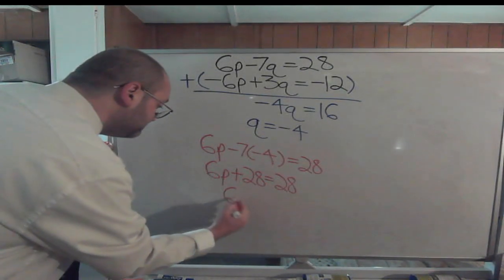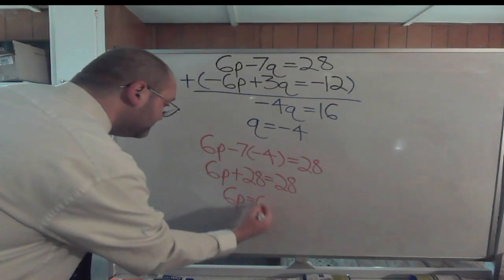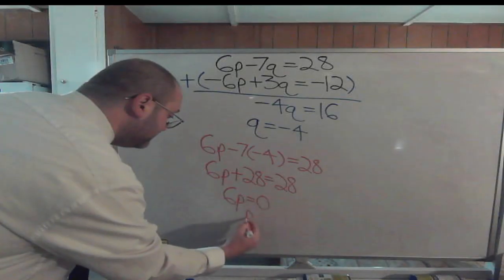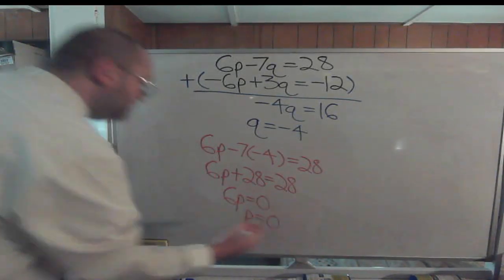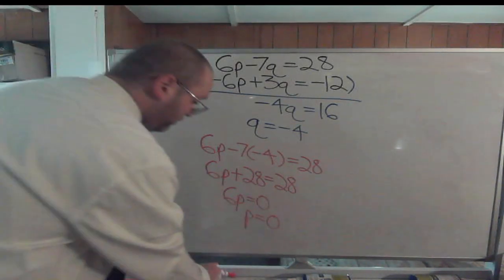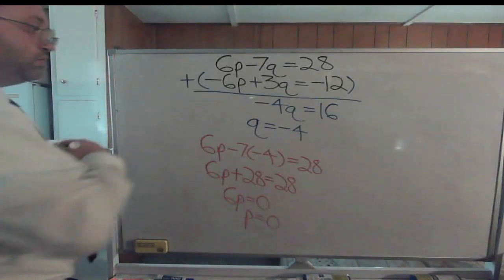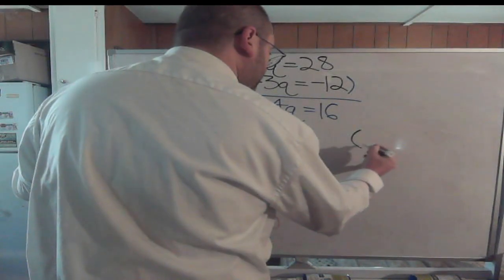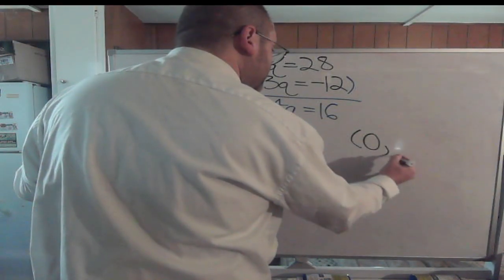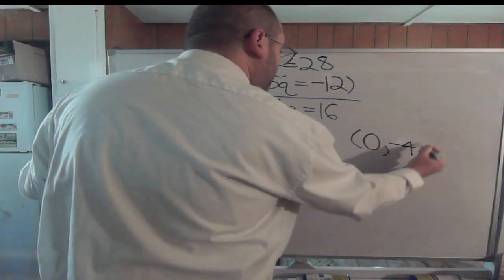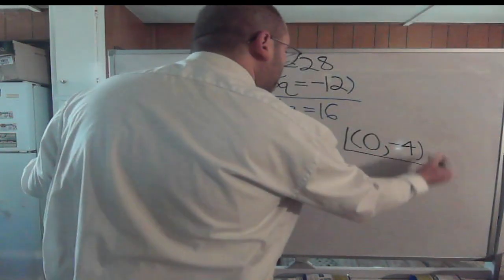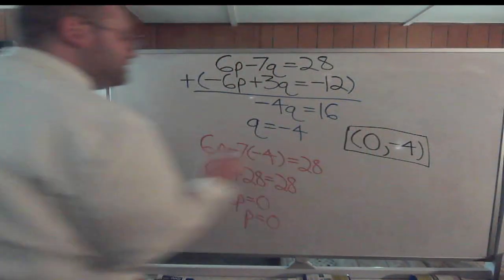So 6p equals 0, which means p equals 0. So the p coordinate for the solution is 0. So the ordered pair that is your solution is going to be 0, negative 4. That would be the solution we're looking for, at 0, negative 4.